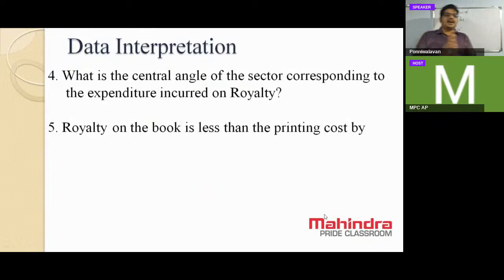Royalty on the book is less than the printing cost by how many percentage? I'll show the pie chart again. Try to give the answer. Printing cost is 20 percentage. Royalty is 15 percentage.